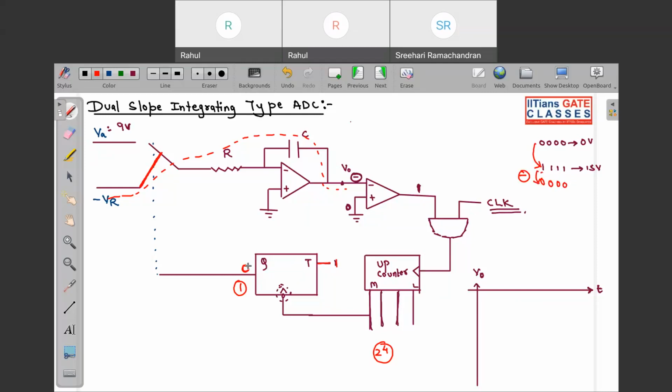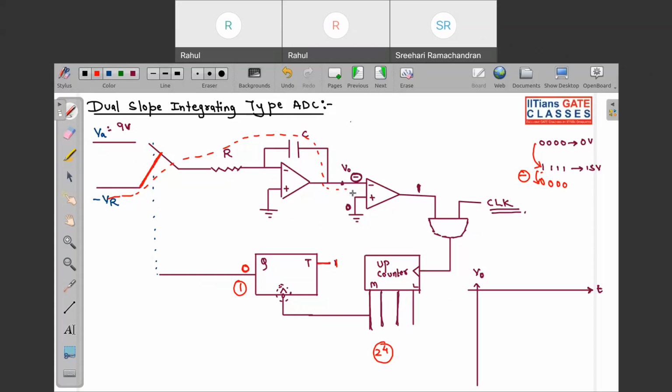When the initial state is 0, this switch will be connected to VA. The moment it gets the negative edge, this toggle flip flop will toggle from 0 to 1. When this is 1, this switch will be connected to minus VR, and your capacitor will get a discharging path.